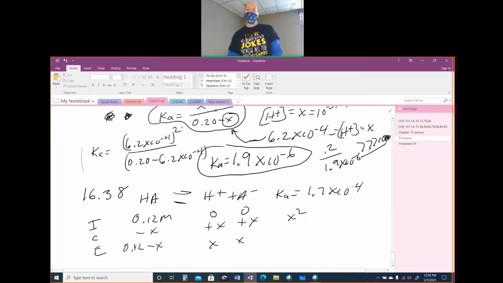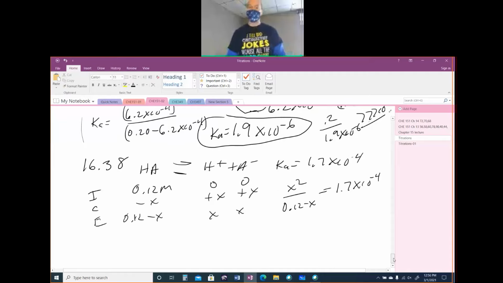So x squared over 0.12 minus x is equal to, this is the Ka reaction. This is the Ka constant. You should always make sure that you have the correct constant for the equation that you are writing. Now, this one is going to be very close, so you must check it. It has to be greater than 1,000, or you have to either do the quadratic or check your x value.